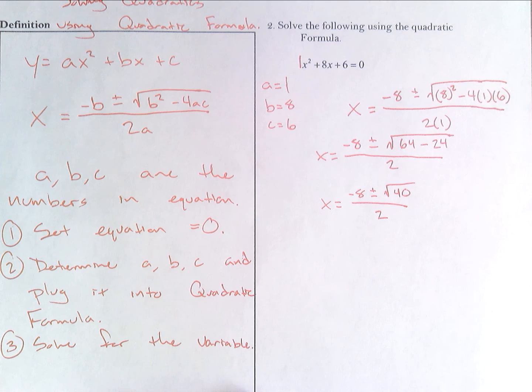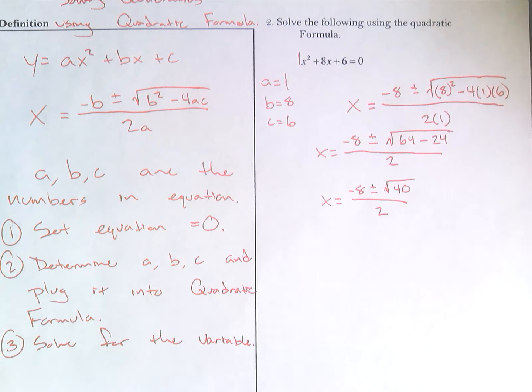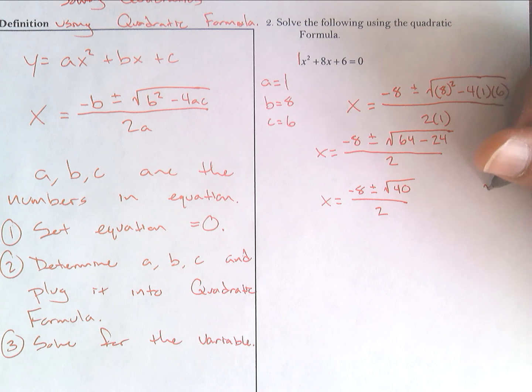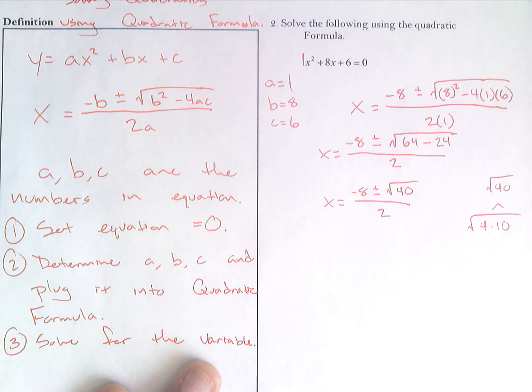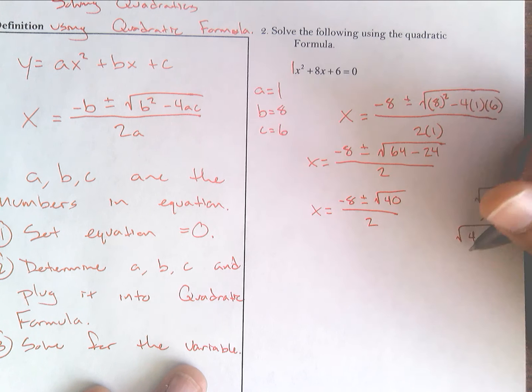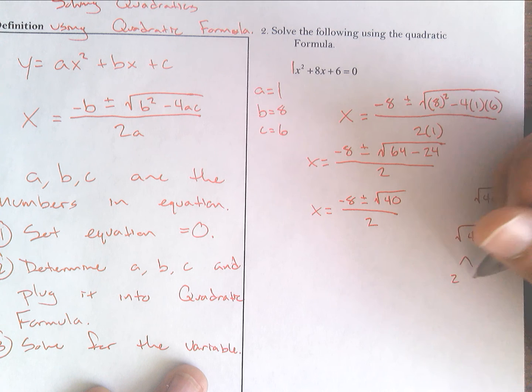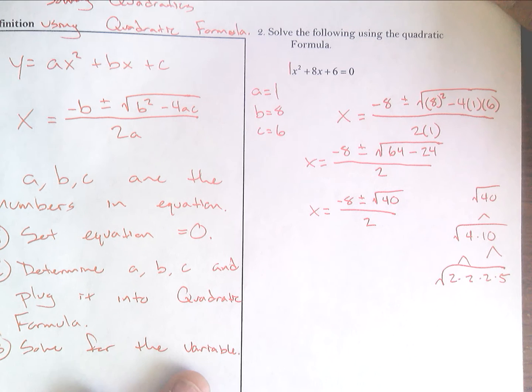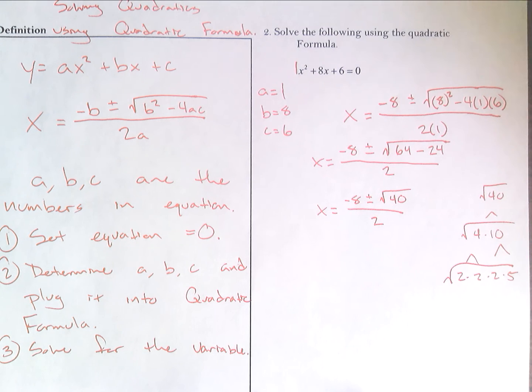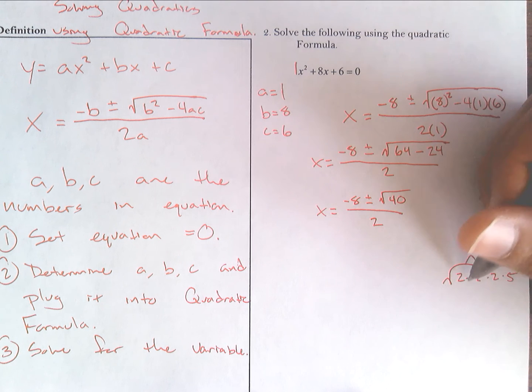Are we done yet? Not yet. We've got to simplify that radical. So let's go off to the side here. I've got the square root of 40. I can break that up into 4 and 10. And I can keep breaking that up. I can break down 4 into 2 and 2. And I can break up 10 into 2 and 5. And I can't break it up anymore. So let's start using the jailbreak method. We pull out pairs.